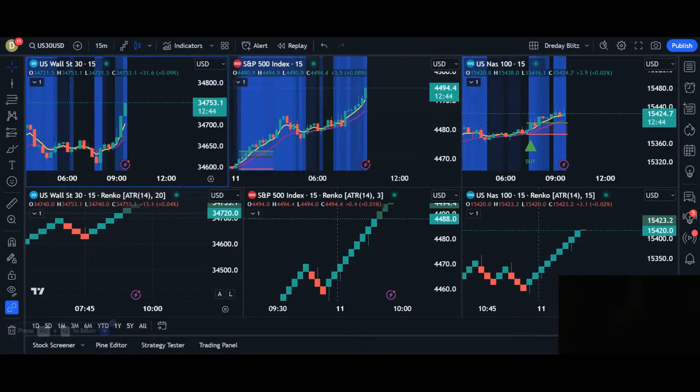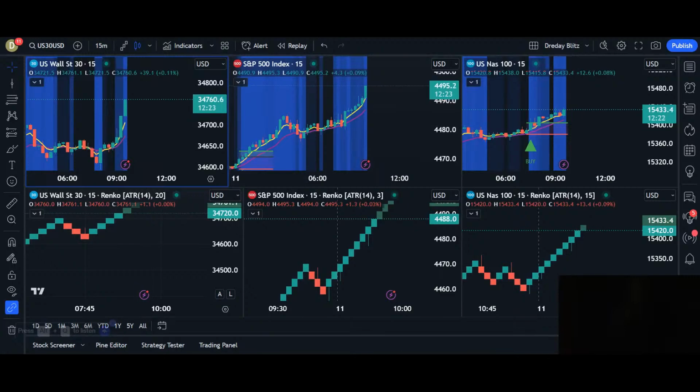But like I always said, the EMX AI works on any type of instrument. So it could be indices, commodities, or stocks. If you're trading options, it will work. If you're trading binary options, it will work. If you're trading NADEX, it will work too.